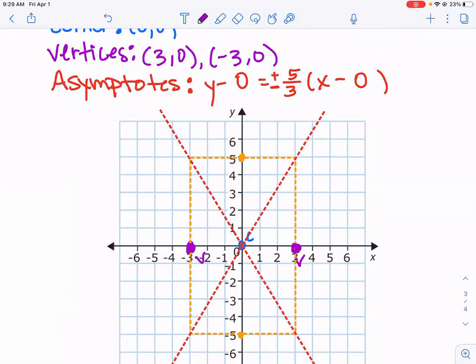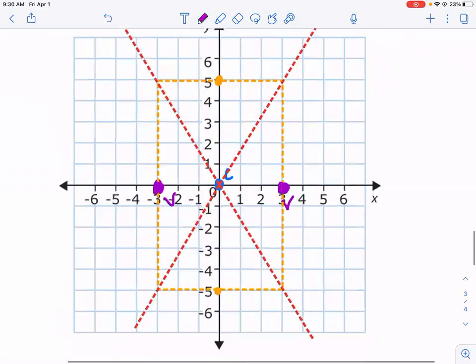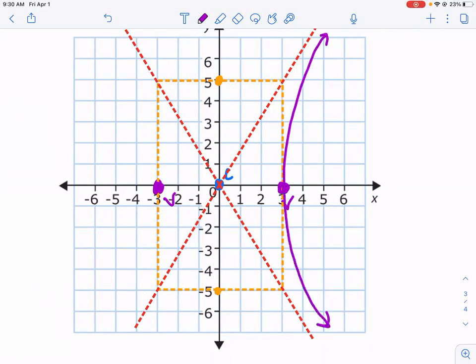Ask me a question if you have it. We still haven't even made our shape, have we? We decided that this was a horizontal hyperbola. So I'm going to take our vertices and our asymptotes are going to give us our shape. So I am going to approach the asymptotes.